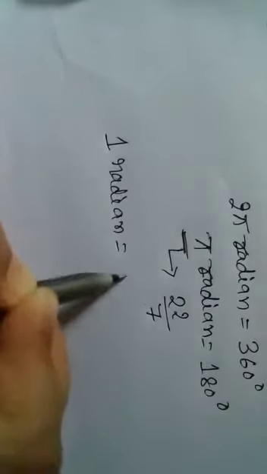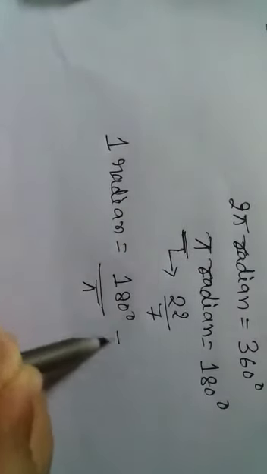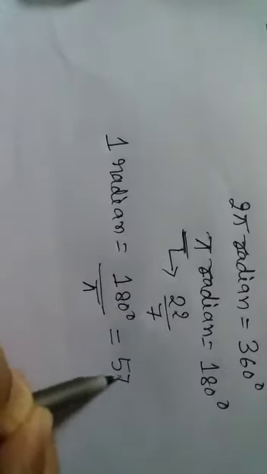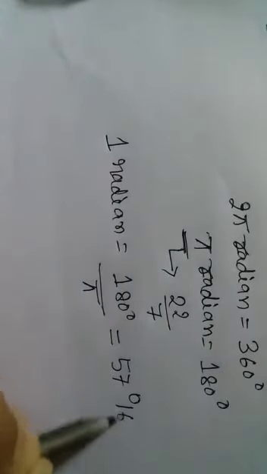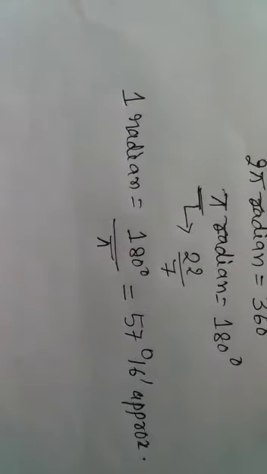So we can write 1 radian is equal to 180 degree by pi, and after calculating we get the value 57 degree 16 minute approximately.